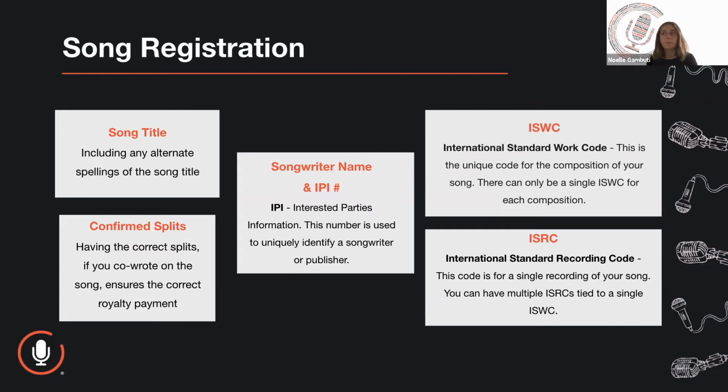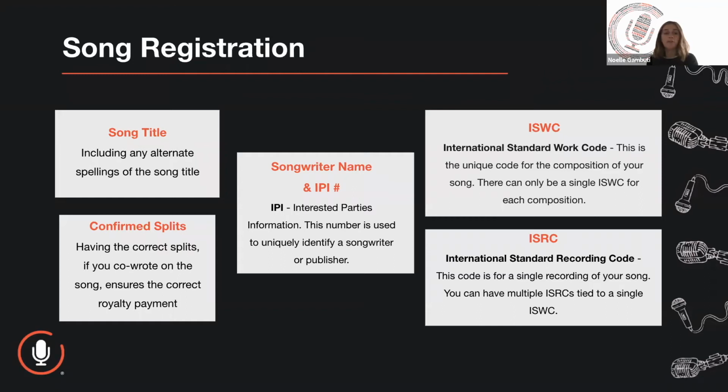IPI number is interested parties information number, and it is basically your ID number assigned to you by your PRO, your performance rights organization. And not only do you need to know your own songwriter name, PRO, and IPI number, but those of your co-writers as well, and the confirmed splits.